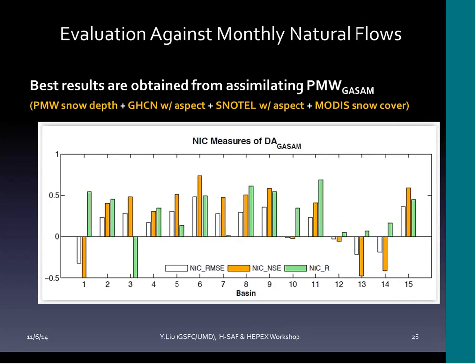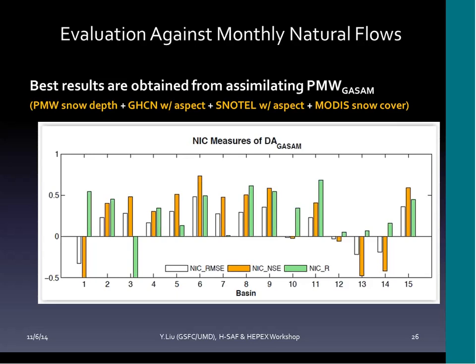So here is an overall summary of the Streamflow simulation. We are looking at the skill score on root mean square error, Nash-Sutcliffe efficiency, and the correlation coefficient. So you see that in most of these 15 basins we get improvements, but in a few of them we are not doing so well.